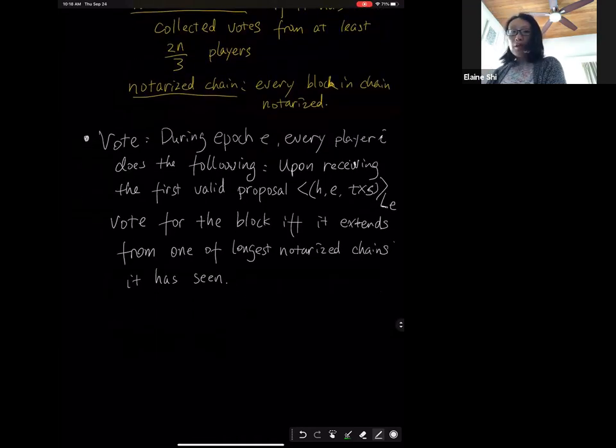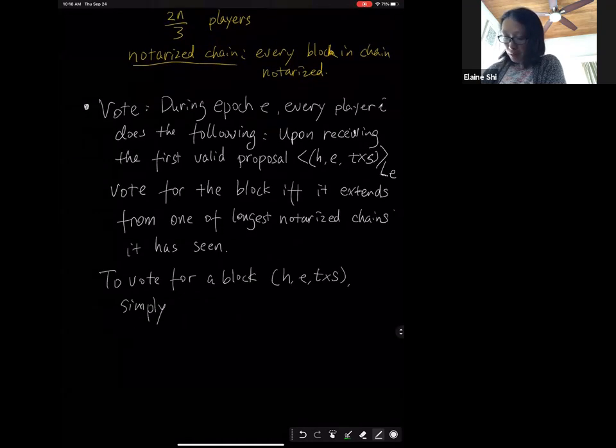And what is a vote? I mean, a vote is simply just a signature on the block. So basically to vote for a block, simply sign the block and send it to everyone.